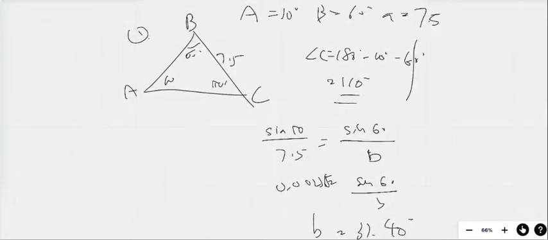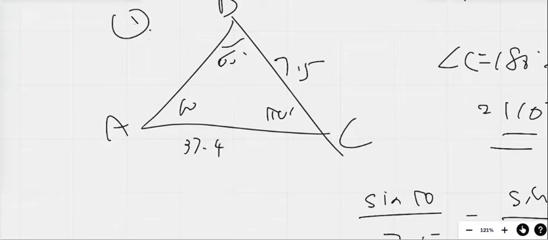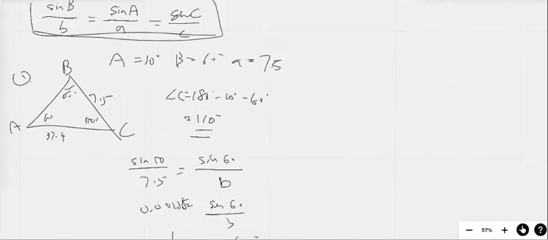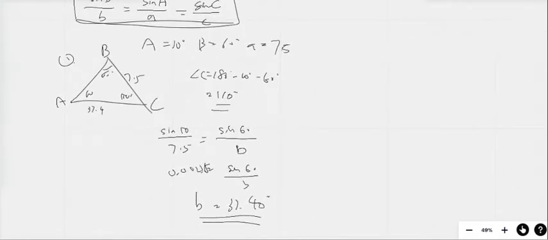Now we're left with side C. And it is important that you avoid using the answer you got, because that answer might not be correct. So you always use the given numbers. Therefore I recommend using sine of 10 degrees over 7.5 is equal to sine of 110 over c.